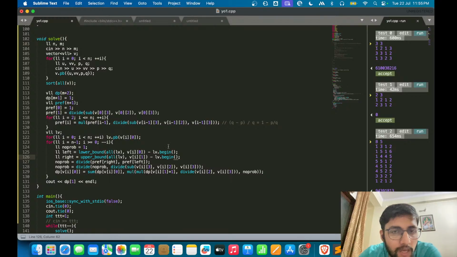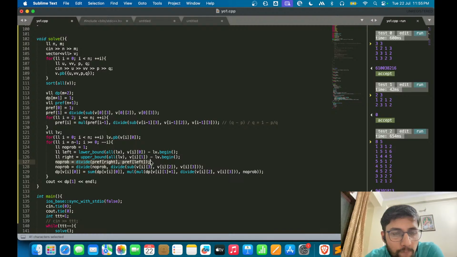And for left, I don't have to subtract 1 because LV is 0 indexed. See, LV is 0 indexed. So no prob is also divided by the current.